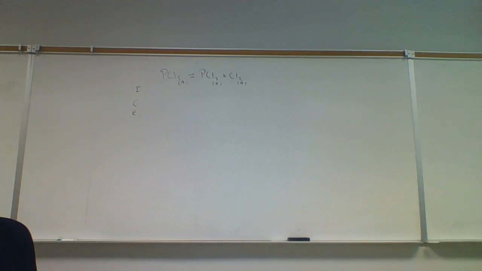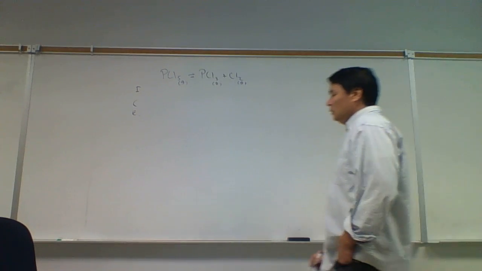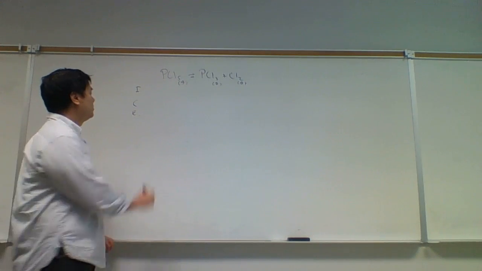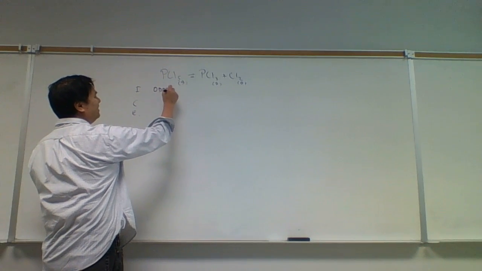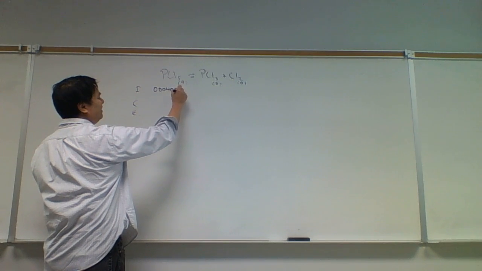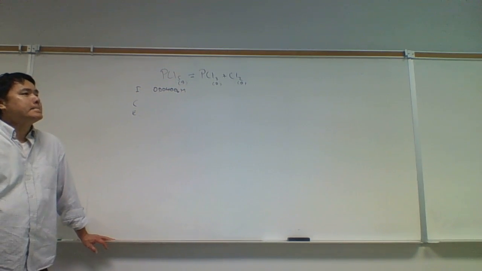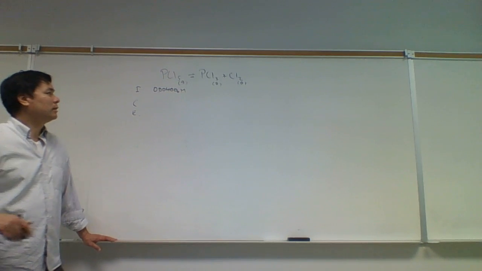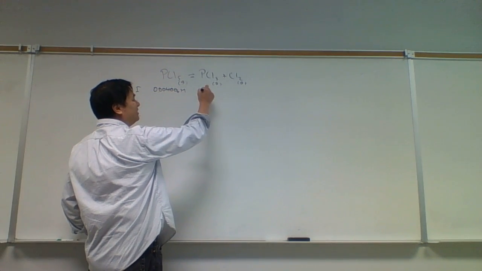1.00 times 10 to the minus 3 moles of PCl5 divided by 250 milliliters gives us how many molar PCl5? 0.004. It is introduced into a flask and equilibrium is established. So how much PCl3 do we have at the beginning? 0.